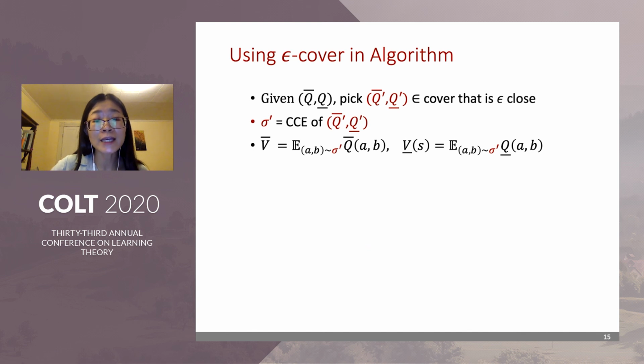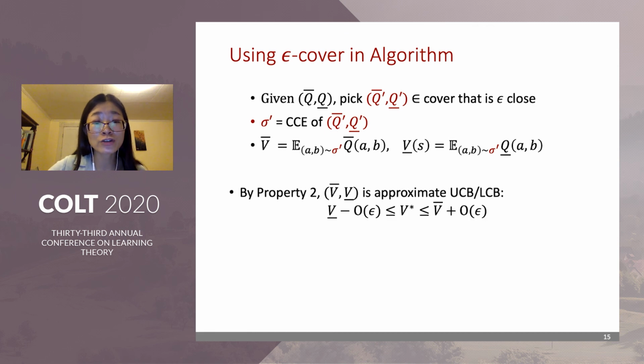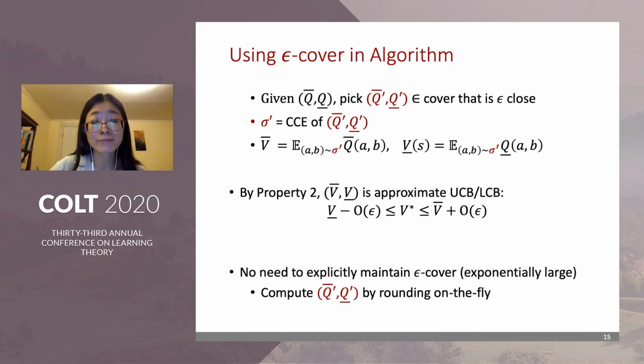In particular, given a Q function pair, we can pick an epsilon-close pair from the finite covering, compute the CCE of the red pair here, and then obtain the corresponding value function. It turns out that if both players play according to CCE, then the resulting value function approximates the UCB and LCB. And more importantly, we don't need to maintain the epsilon covering in the algorithm. Instead, we can compute the epsilon cover by rounding the precision.